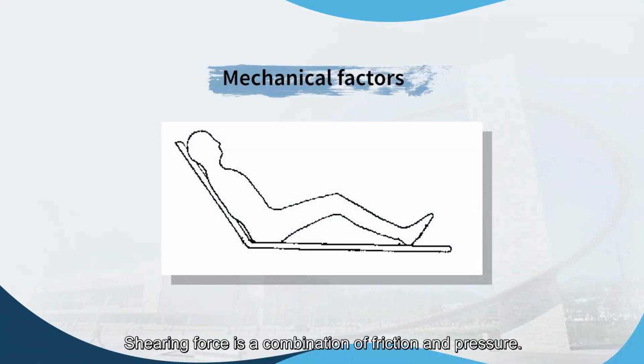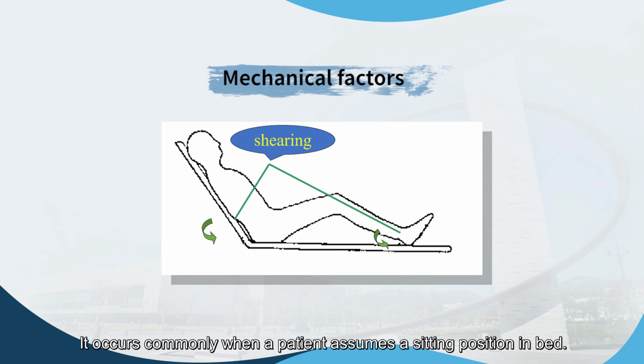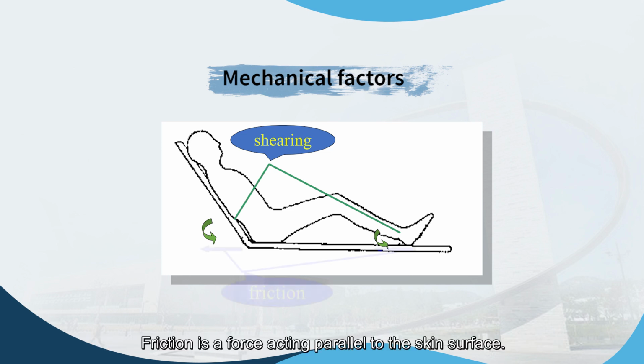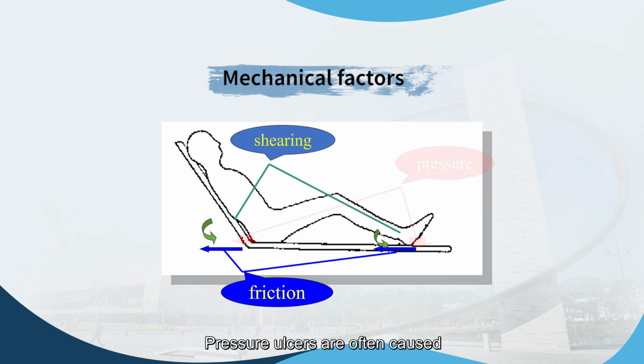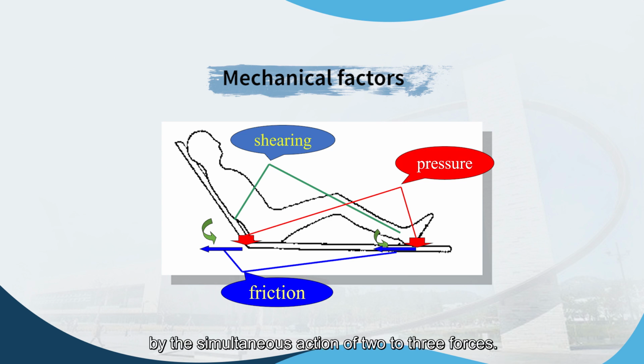Shearing force is a combination of friction and pressure. It occurs commonly when a patient assumes a sitting position in bed. Friction is a force acting parallel to the skin surface. Pressure ulcers are often caused by the simultaneous action of 2 to 3 forces.